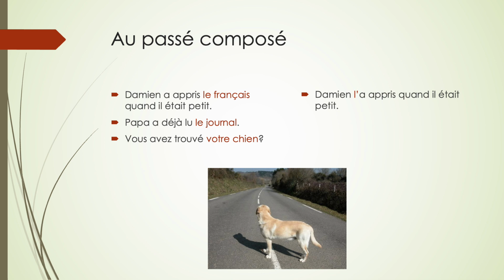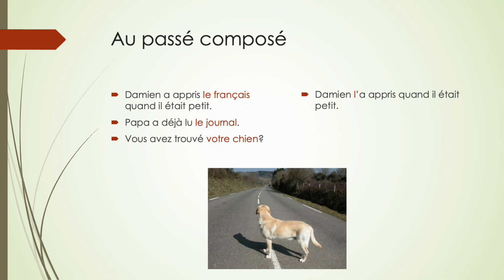Papa a déjà lu le journal. Dad has already read the newspaper. So le journal is our direct object. We're going to replace it with the pronoun le, and we're going to put it in front of our helping verb a. And once again, it's going to become l'apostrophe.